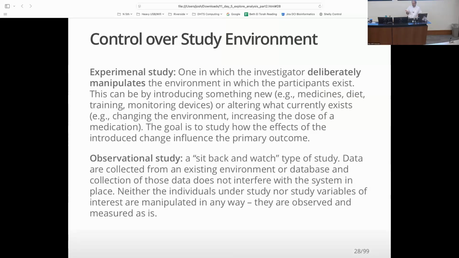In an experimental study, the researcher is intentionally manipulating the environment, and here I'm using the environment not to describe the world outside the building, but the ecosystem of the world of the study. So in an experimental study, the research itself is going to manipulate the environment. It's going to have some effect on subjects in the study.